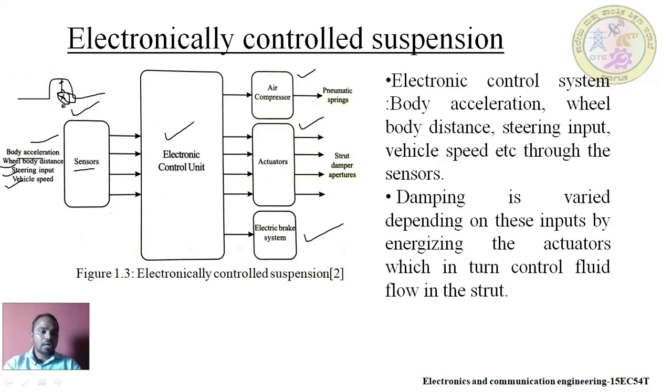When a car is moving on a road in a particular direction, the movement of this wheel changes, or I can say the distance between the wheel and body changes every time. That information is captured with the help of the sensor, and the same information is sent to the electronic control unit.